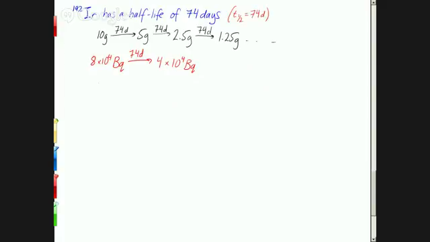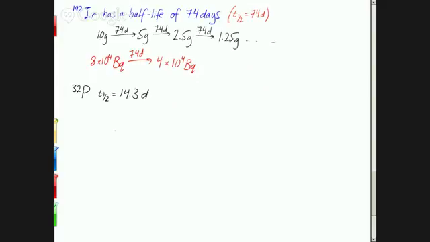All right. So let's see how we might answer a question about this. Let's look at a radioisotope of phosphorus that's used in medicine. Phosphorus 32 has a half-life of 14.3 days.